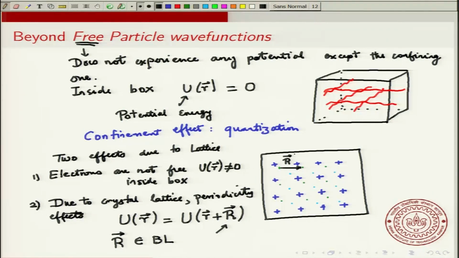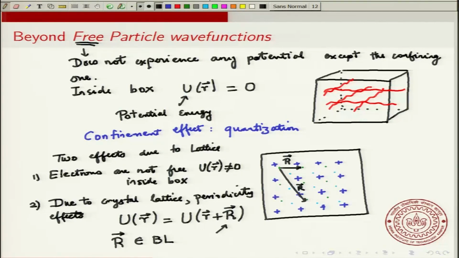Similarly, if you take this green point all the way to this green point, these two are also related through some lattice translation vector. There is a lattice translation vector that connects each green point to every other green point, and so you immediately conclude that the potential energy is a periodic function with the periodicity of the Bravais lattice.